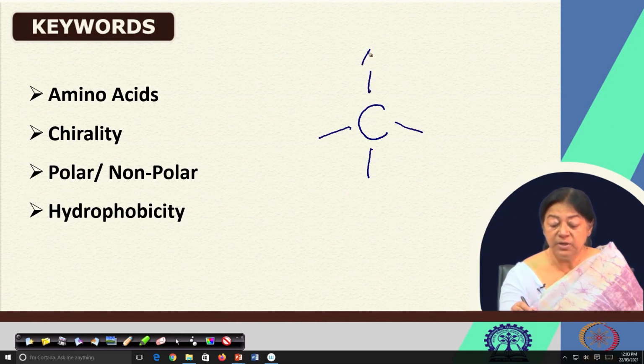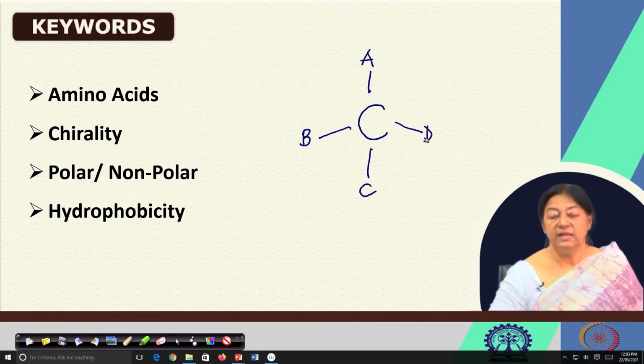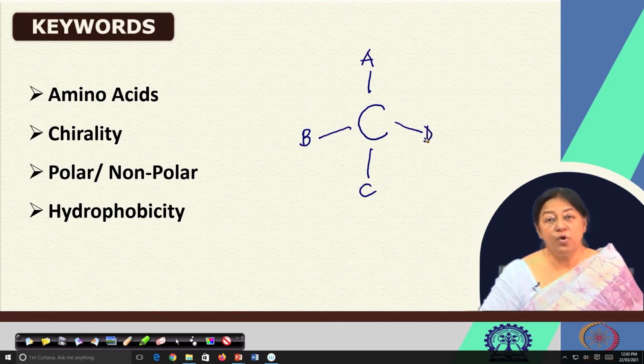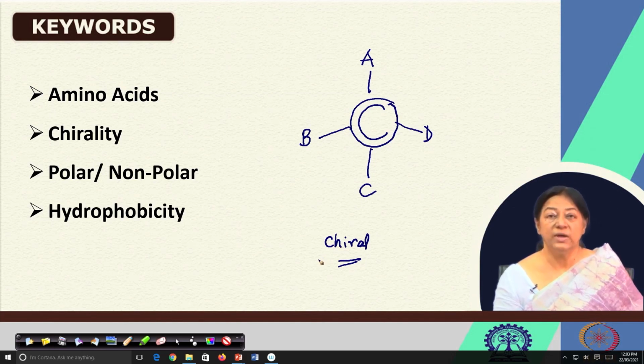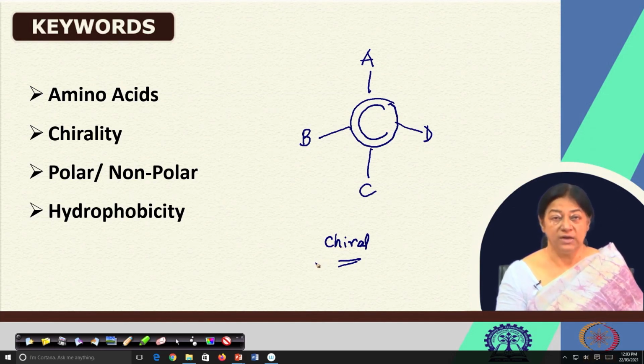If they happen to be all different in nature, so say we have A, B, C, D that are representing different forms of moieties, functional groups attached to what we call this central carbon, we have what is called a chiral molecule. Now, is this chirality important in amino acids? This is what we are going to look at, what we are going to try to understand.